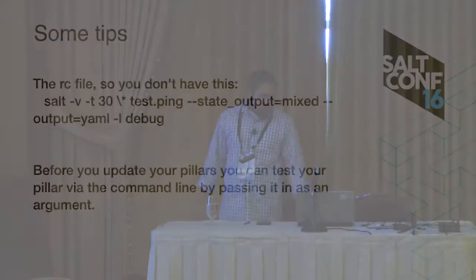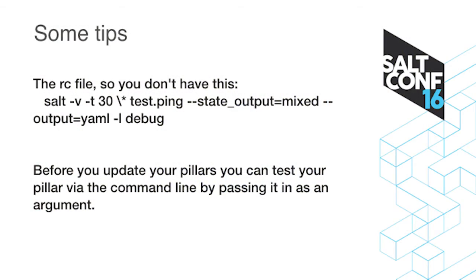Some other tips. I talked a little bit about command line tricks if you're using Windows. The state output and the debug have been very, very helpful on the command line. You can debug your minion and your master from there, so it helps just to be able to see what's actually getting there.